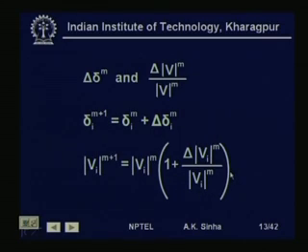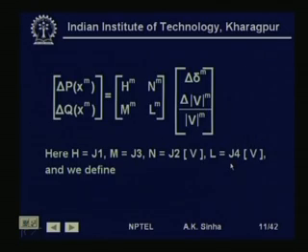Now, what we have done here is modify our Jacobian matrix terms in such a way that we do not need to compute all the terms.